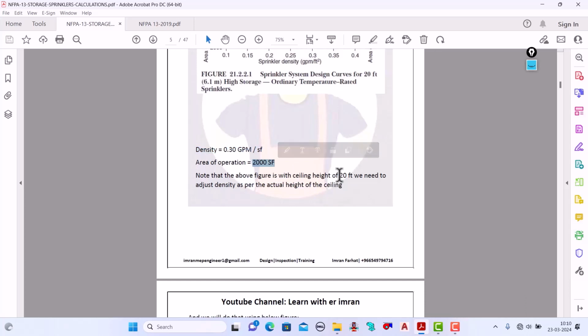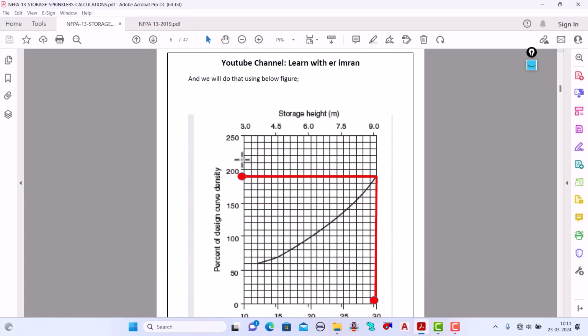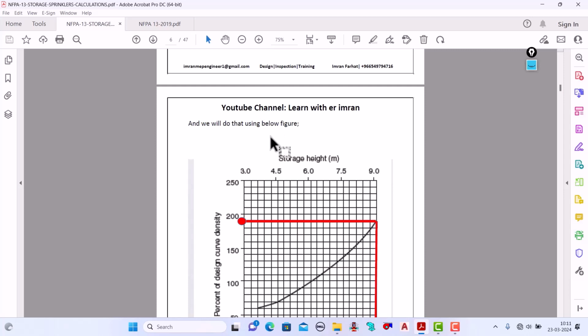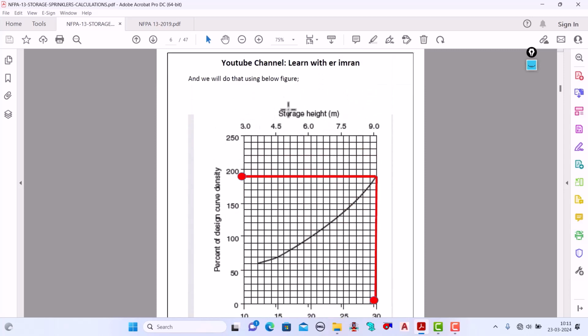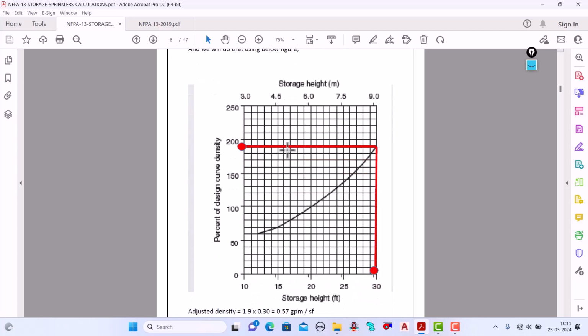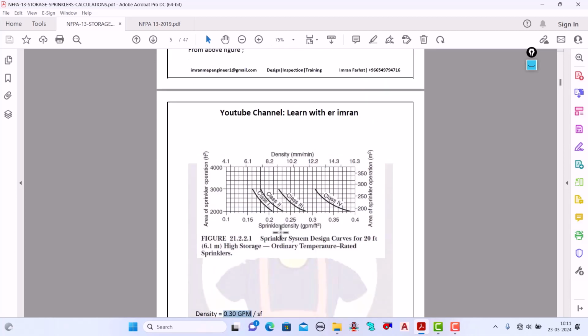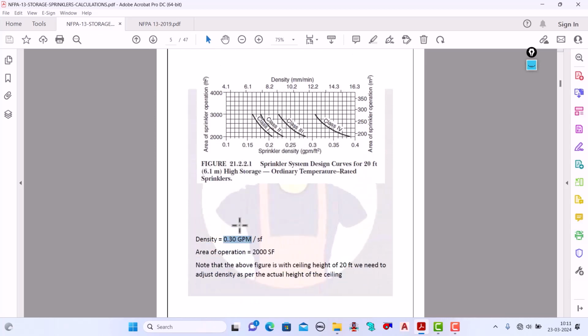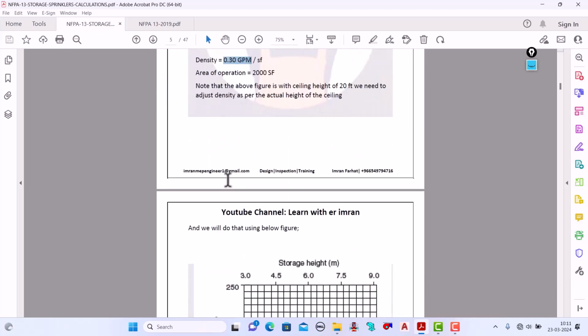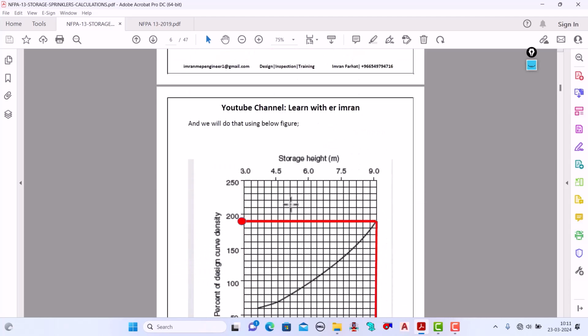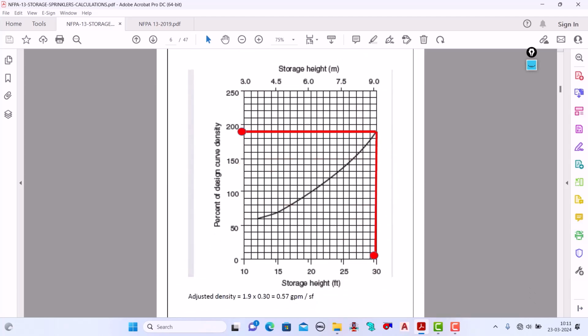And we have to adjust this density according to our height. This graph is also mentioned in NFPA 13 2019, in this same chapter, you can cross check. I already cut this figure and pasted here. So see here, our storage height is 30 feet, right?